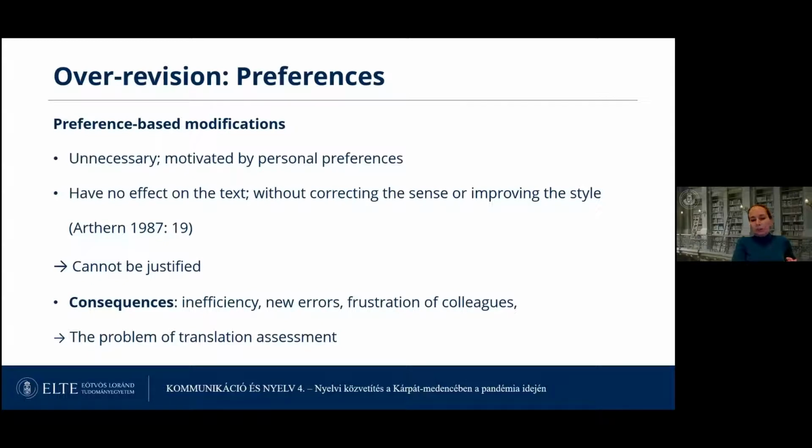They cannot be justified with any rules, norms, or strategies of the target language. The consequences are inefficiency, new errors may be introduced, and colleagues become frustrated if we intervene in the text unnecessarily. Also, if the text is modified unnecessarily based on preferences, translation assessment becomes impossible.